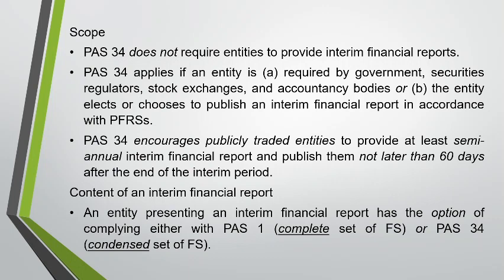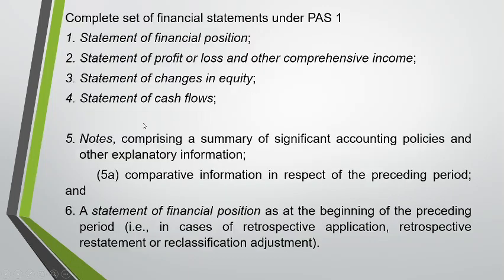The content of interim financial reports: an entity presenting an interim financial report has the option of complying with either PAS 1, the complete set of financial statements, or PAS 34, the condensed set of financial statements.